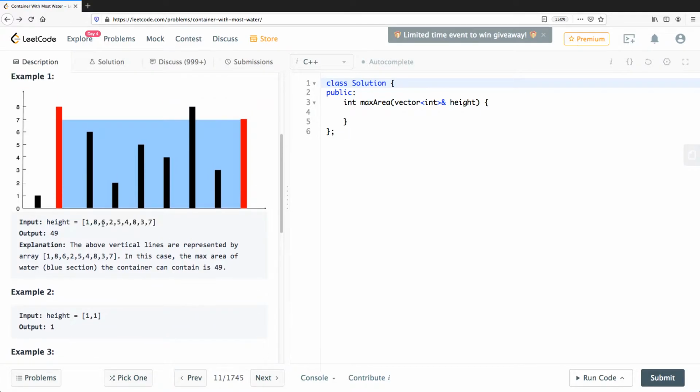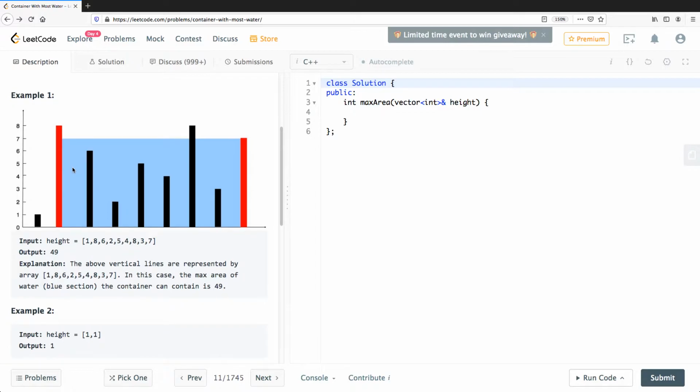As you can see in this case, let's just start by imagining we start with a container here.